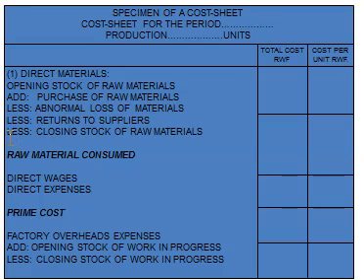We also less the returns to the supplier, if some of the material were returned to the supplier. And we also less the closing stock of the raw material. If we get this information, then we get the cost of the raw material that we have consumed. After we get the cost of the raw material consumed, we add the direct wages and the direct expenses to get the prime cost.